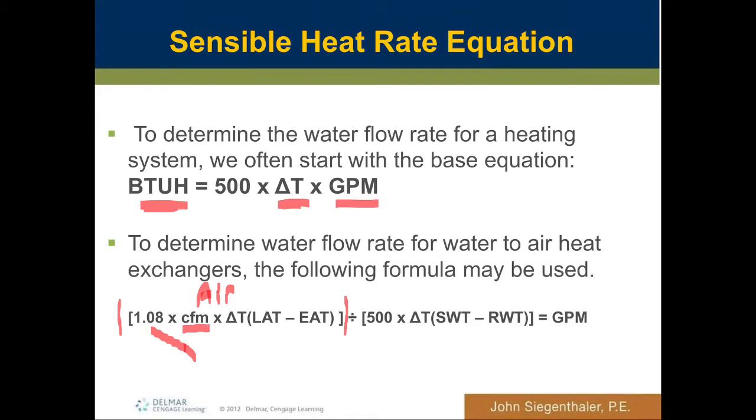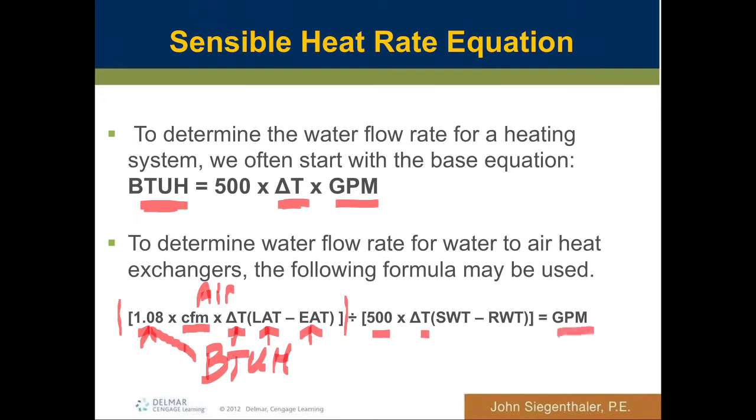This side is for air, and this would be how many cubic feet of air a minute I would move. 1.0 is a constant times the temperature change, which is leaving air minus the entering air. So this right here will give me the BTUs per hour that I would be transferring from air.